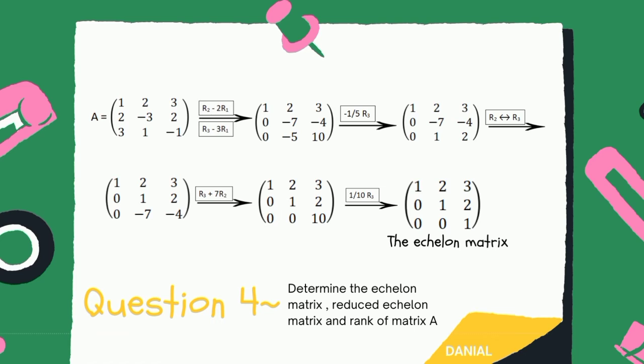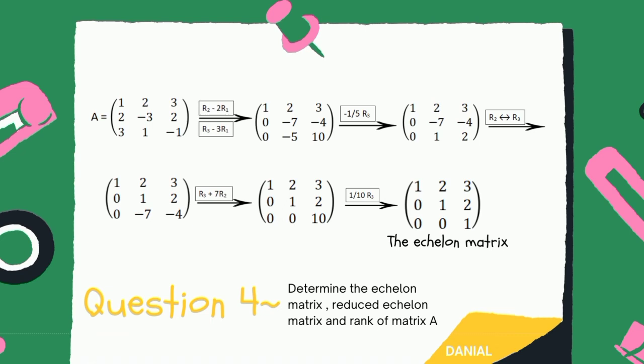Row 2 is referred to row I and row 1 is referred to row J. So we need to change at row 1. Next, row 3 minus 3 row 1. So row 3 is referred to row I and row 1 is referred to row J. So we need to change at row 1. So we will get 1 2 3 0 negative 7 negative 4 0 negative 5 10.